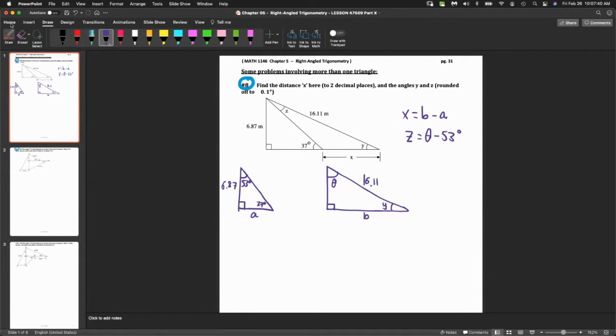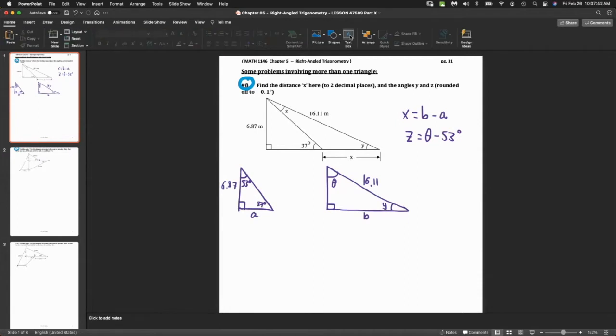So now what I'm going to do is just strictly write down the math and not label the triangle. So in no particular order, you could get each of the quantities here, which are theta, b, y, and a. It doesn't matter where you start, it doesn't matter where you finish, just do what you can.